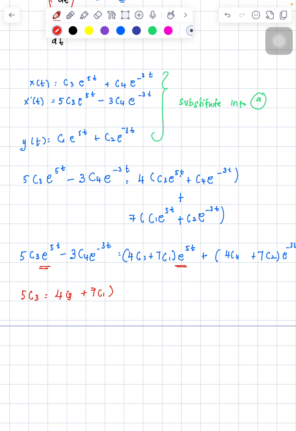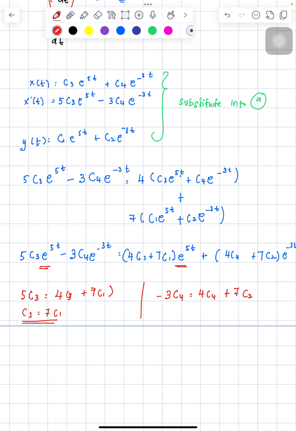5 minus 4 is 1. So C3 equals to 7 C1. And another one is negative 3 C4 equals to 4 C4 plus 7 C2.